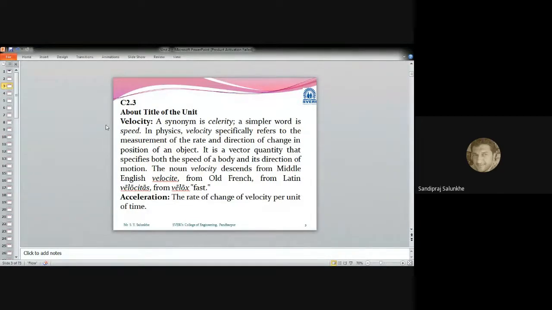And as velocity is the derivative of displacement with respect to time, acceleration becomes the double derivative of displacement with respect to time. If you take the third derivative, it is called jerk. Later on we'll see what jerk is, but here we'll stick with velocity and acceleration, that is, the single derivative and double derivative of displacement.